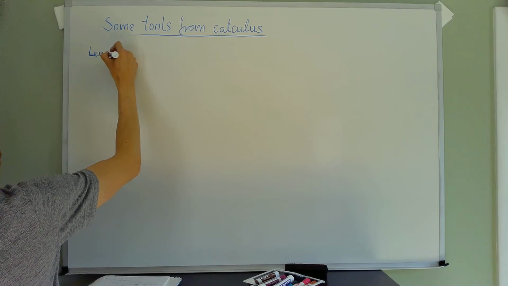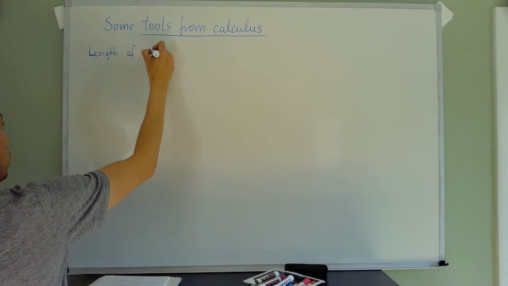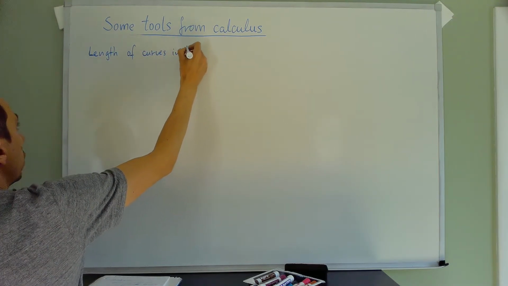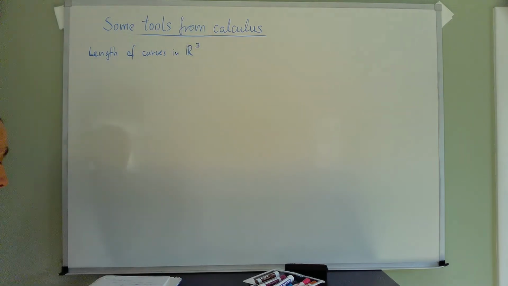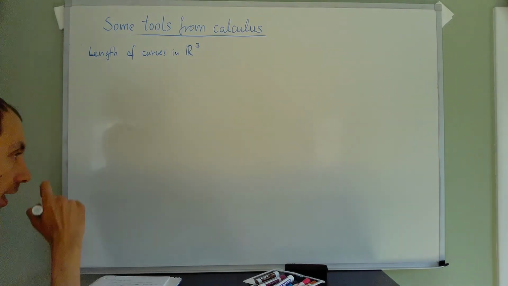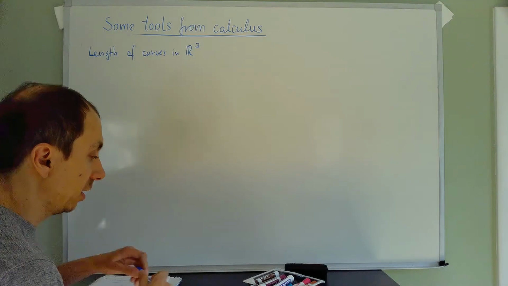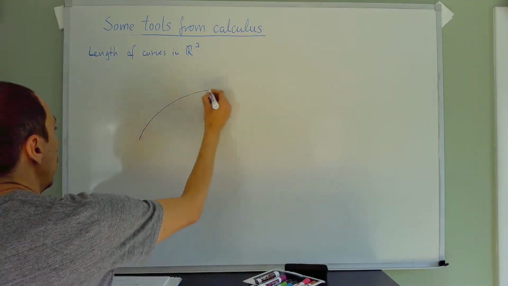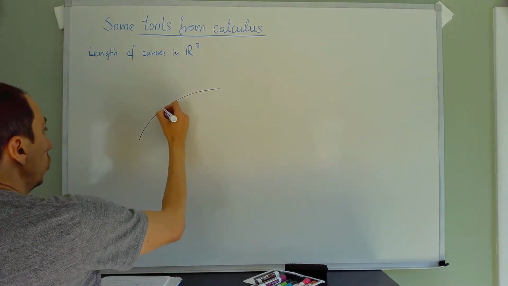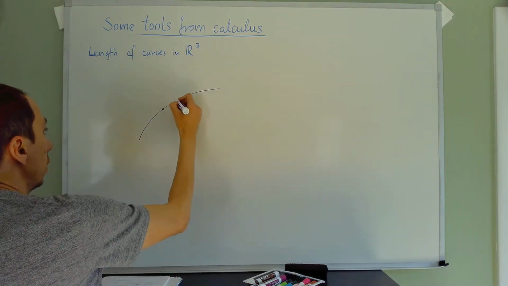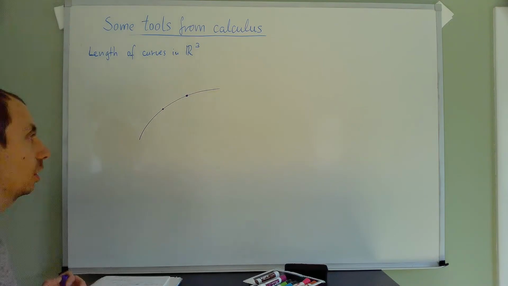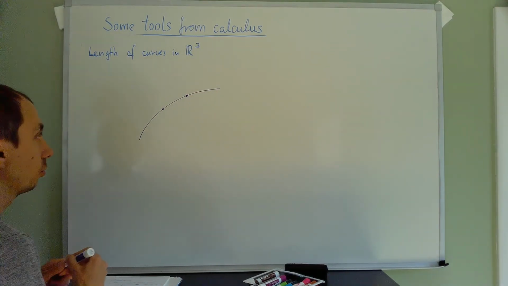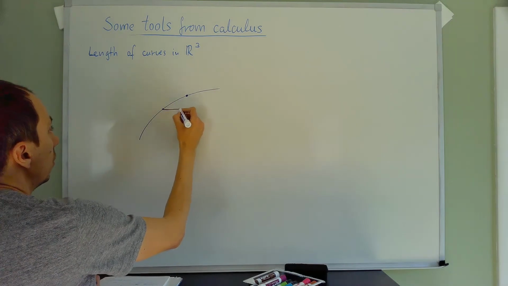Length of curves in R3. I'm just going to use a very basic derivation. Suppose I have a curve in R3, and I take 2 points that are very close to each other. I'm not going to draw them that close because it'll be difficult to read, but imagine that they're really close.